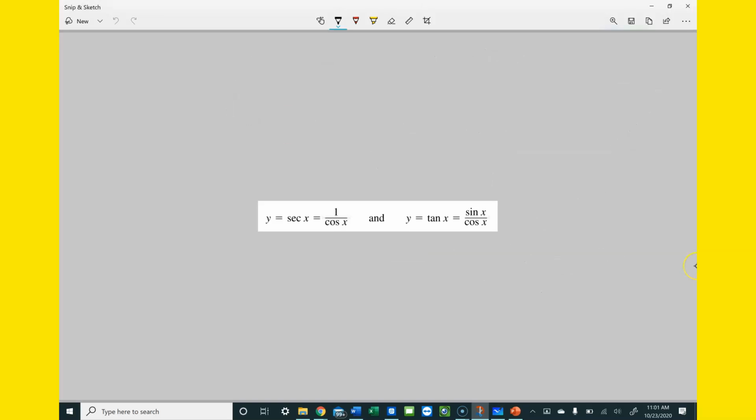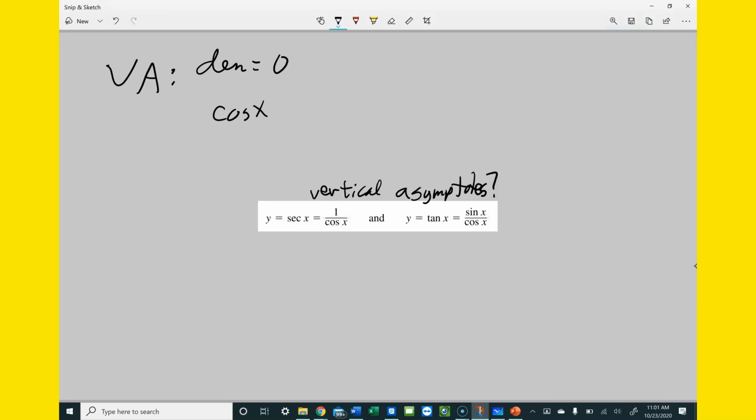Let's see if we can find the vertical asymptotes of these trig functions. All right, remember, vertical asymptotes happen when the denominator equals 0. So since secant of x is 1 over cosine of x, it would happen when cosine of x equals 0. So where does cosine equal 0?